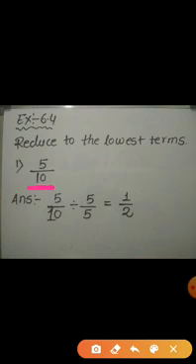The common factor of 5 and 10 is 5 only. Hence, to reduce this fraction to its lowest term, I am going to divide the numerator and denominator both by the same number, that is 5. 5 divided by 5 is equal to 1 and 10 divided by 5 is equal to 2. Hence 1 upon 2 is the fraction in the lowest term, which we also call the equivalent fraction.